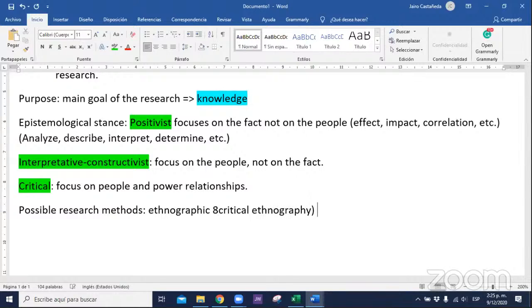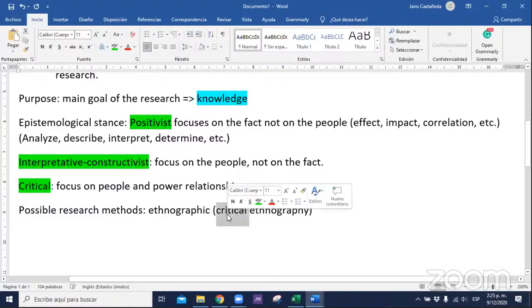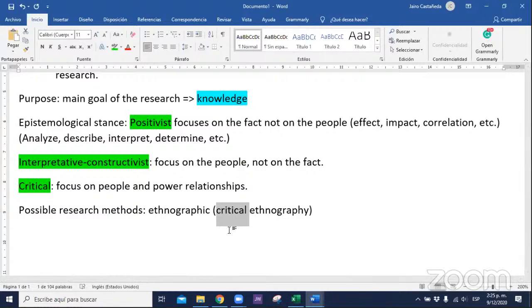So in this observation of the context of the phenomena, you want also to include these power relationships. So you are not observing only the context, you are observing what is happening in terms of power relationships, inequity, social justice, empowerment, freedom.